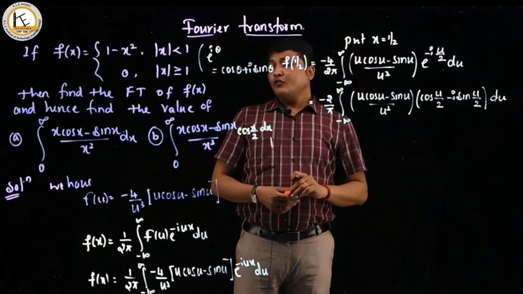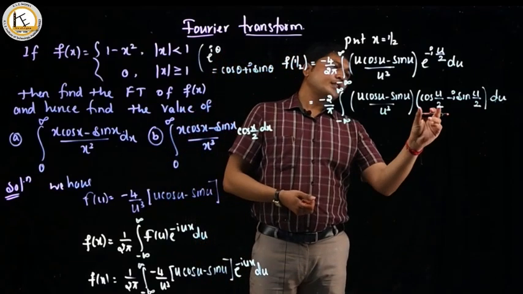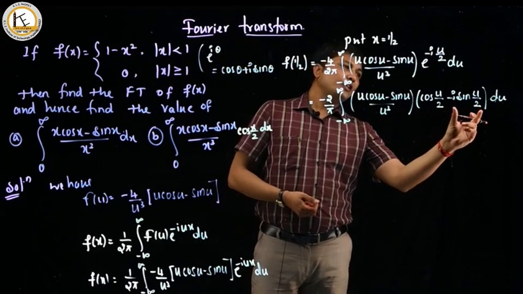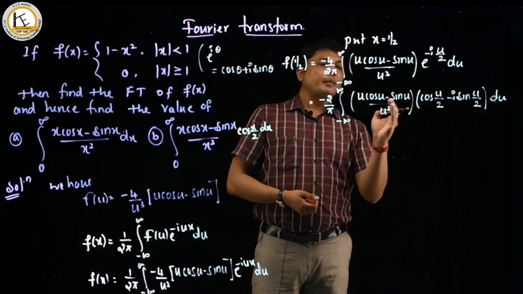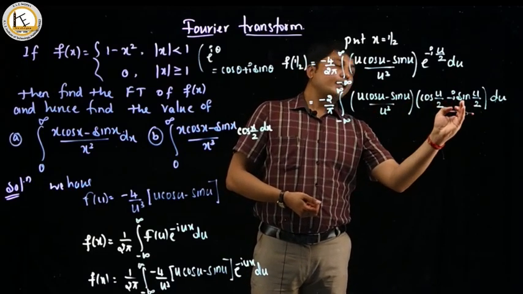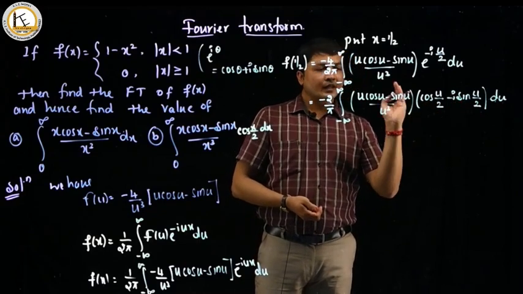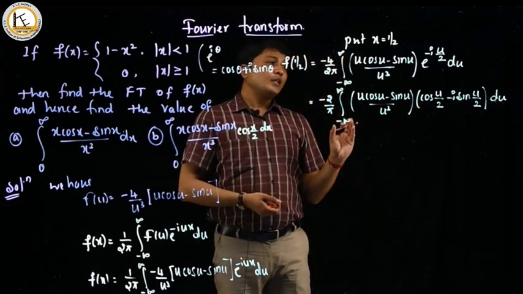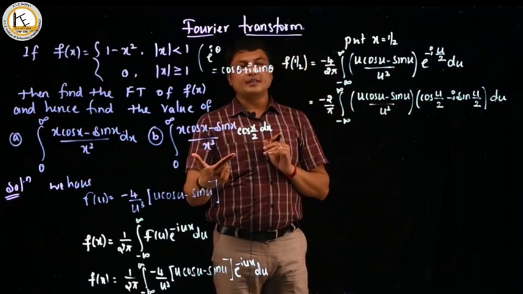And since we need only cos x by 2 here, we just take the real part and ignore the imaginary part, because we need to consider only the real part to evaluate this integral.